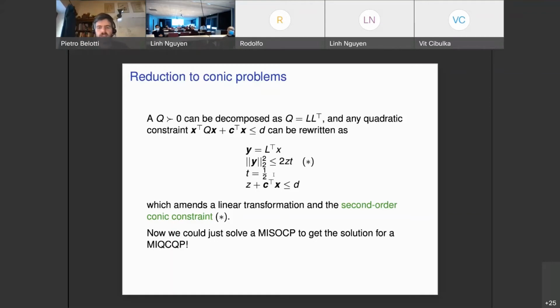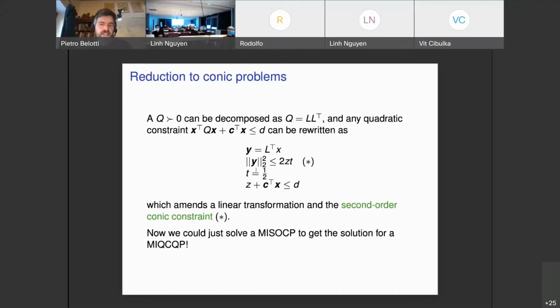You may think that this has a few problems. Namely, it introduces new variables. It doesn't really make the problem linear because we still have a quadratic constraint, which is this second order cone. And this third thing is actually quite true: depending on the quadratic matrix Q itself, the L may not be very well behaved.